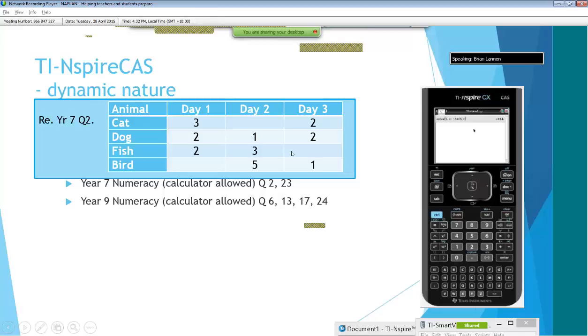Whoops, wrong one. Bring this one back into the game. No, I'll just grab my other calculator. Here it is. The sort of thing Melissa's talking about here.